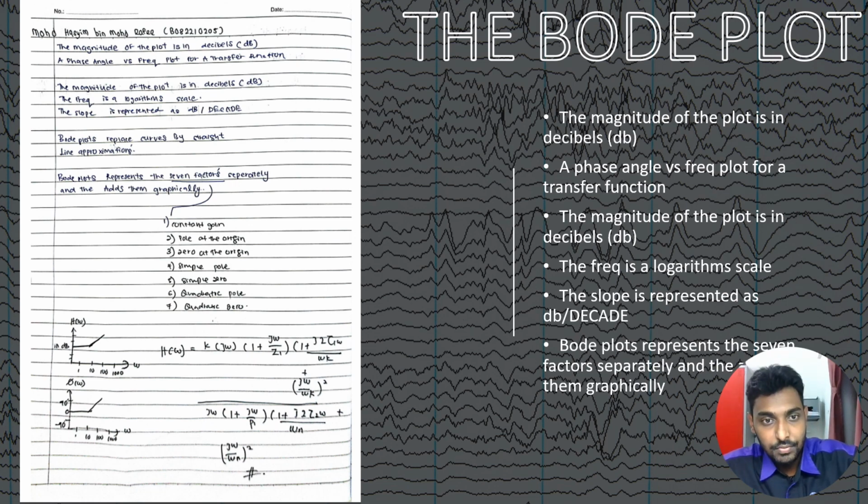So here we need to convert our equation, that is the transfer function, to the standard form: H(ω) equals K times jω, times 1 plus jω over z1, times 1 plus j2ζω over ωk plus jω over ωk to the power of 2, the whole numerator, divided by jω, times 1 plus jω over p1, times 1 plus j2ζω over ωn plus jω over ωn to the power of 2.